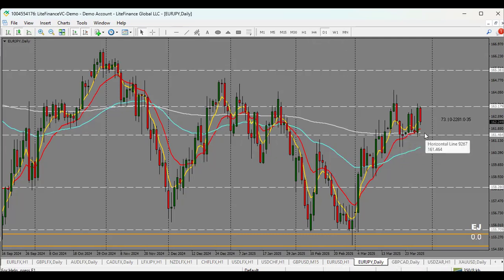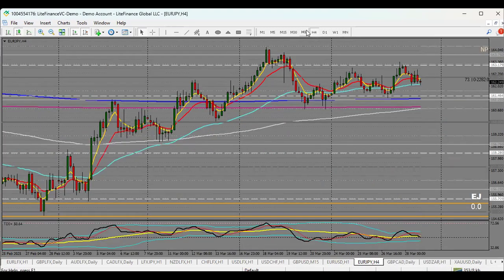So price has been bouncing around the 200 EMA, as you can see. So it's stayed confined above the 200 EMA, showing that the 200 EMA still holds for price to continue going up. Although we are having this area of resistance here, also blocking price from going up.